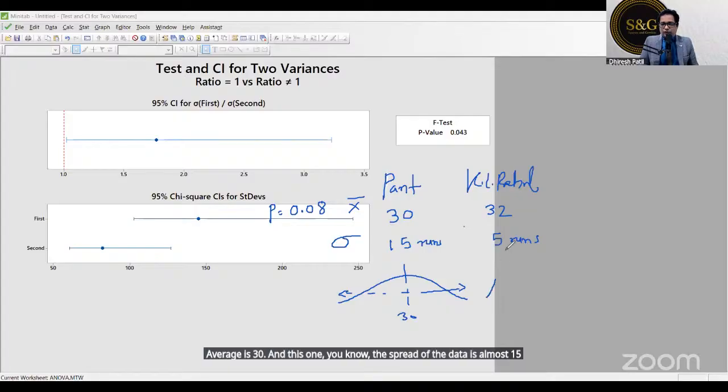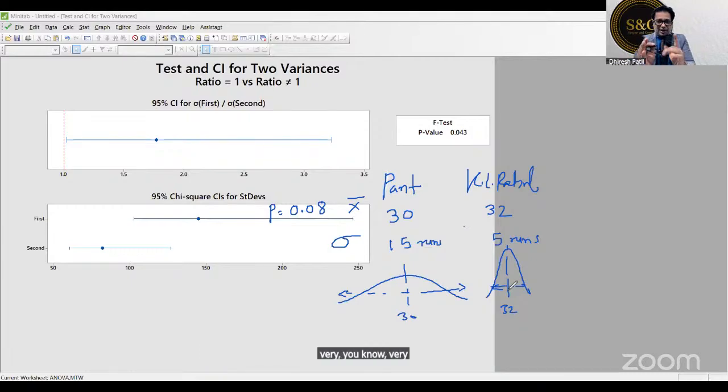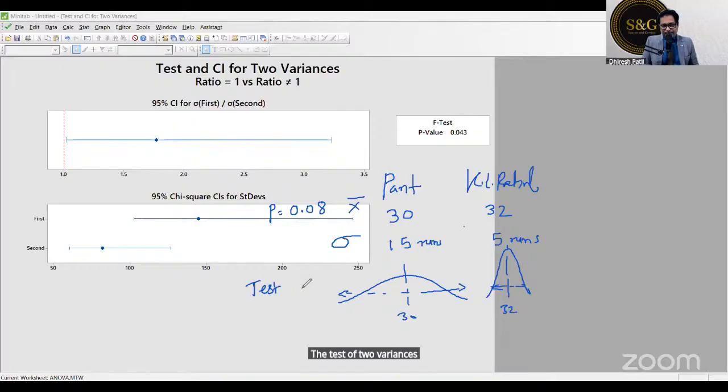KL Rahul's average is 32, but the spread is very small, very centered and very lean. Are you understanding? This is where the test of two variances comes into the picture.